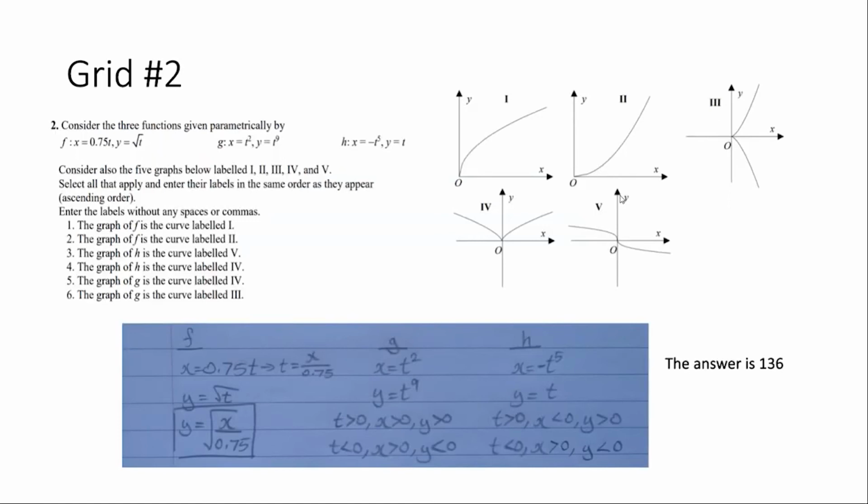And last question, we have 3 different functions and we're looking for the graphs. So let's start with f. x equals 0.75t and y is radical t. We can isolate the t in the x equation and get t equals x over 0.75. And substitute it in the y equation, we'll get y equals radical x over 0.75.